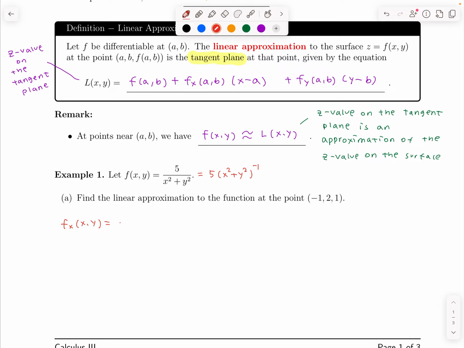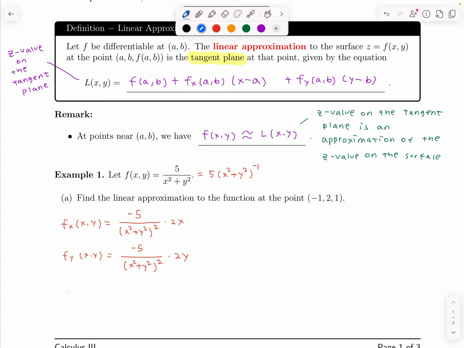We should have -pi times (x squared plus y squared) squared in the denominator. But don't forget, this is a composite function, so you will need to multiply by 2x because of the chain rule. And f sub y right here, you will do the same thing. That will be -pi times (x squared plus y squared) squared in the denominator, multiplied by 2y.